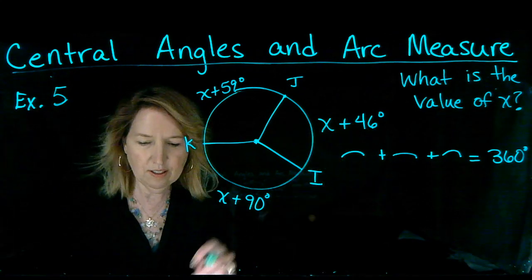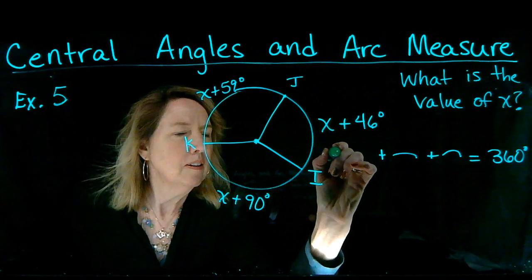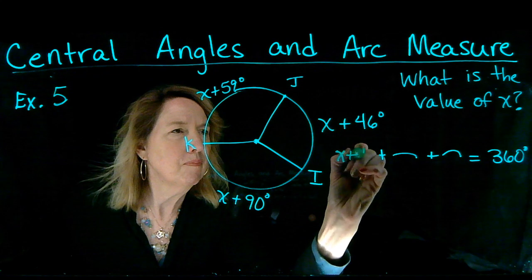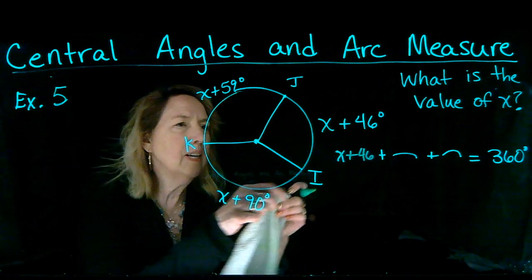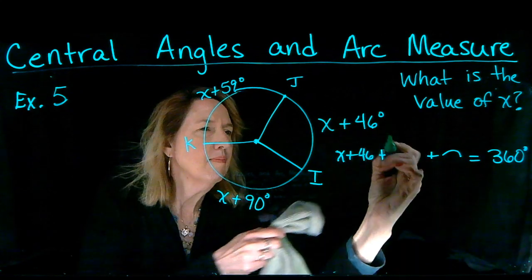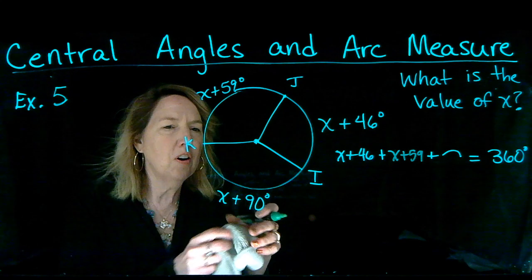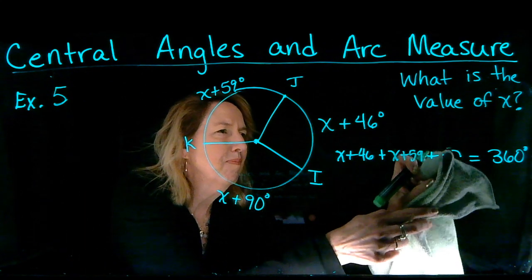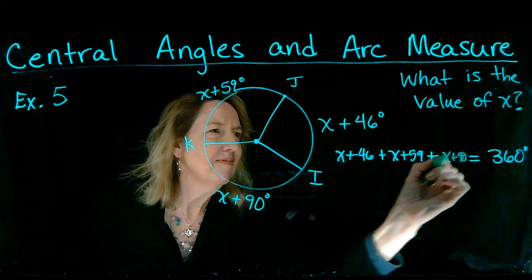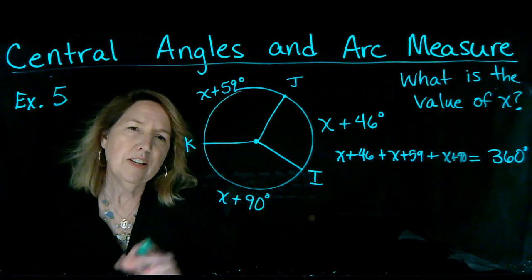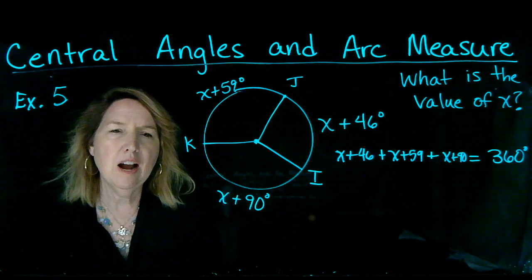X plus 46 will go right here in my first space here. And then the next arc, x plus 59, and the third arc, x plus 90. So you see, using logic, we've made a sentence or an equation that is now solvable.